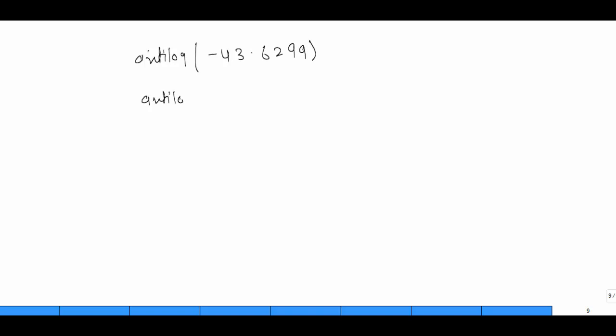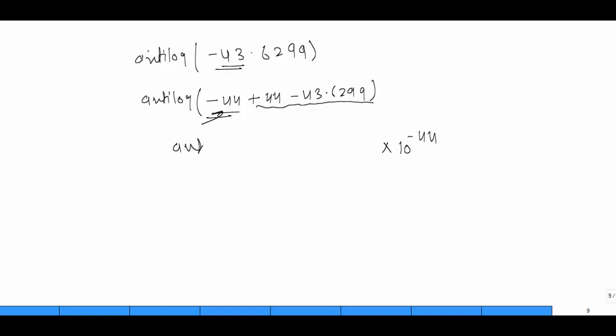Same, it's antilog. What will we add and subtract? It's minus 43, so its greater integer will be 44. So just subtract 44, add 44, then minus 43.6299. Subtract 44 and this part, you'll get that, and this minus 44 will be multiplied by 10 raised to the power minus 44 separately, and this part you will get as antilog of 0.3701.